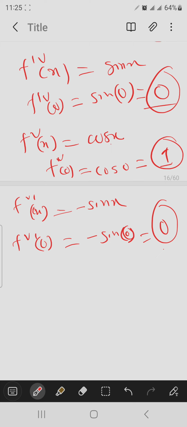So now, writing the series down, you know the Maclaurin series is now equal to, therefore, the Maclaurin series is going to be f of x equals to what?